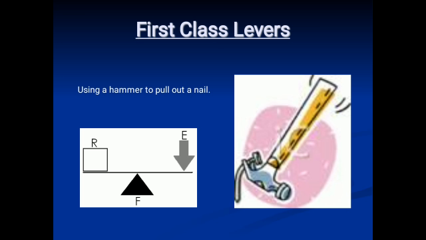So by placing the round end of the crowbar on the ground, we are getting support from there, and the resistance is the pulling of the nail out of the wood, and the effort is the amount of load we are applying to take out the nail from the nail bed.